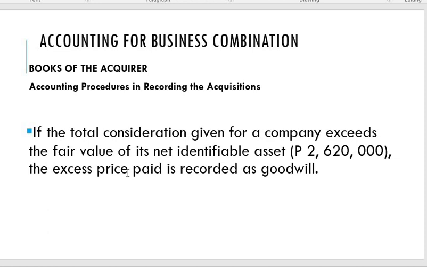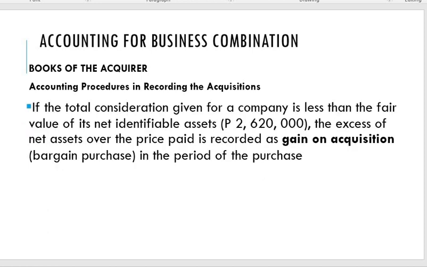However, if the total consideration given for a company is less than the fair value of its net identifiable assets, then the excess of the net assets over the price paid is recorded as gain on acquisition, or bargain purchase, in the period of purchase. So again, if the consideration is more than the fair value of the net assets acquired, there is goodwill. If the consideration transferred is less than the fair value of its net identifiable assets acquired, there is a gain on acquisition.